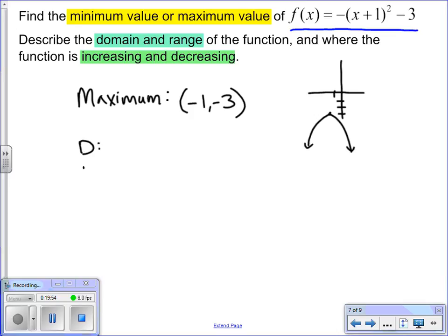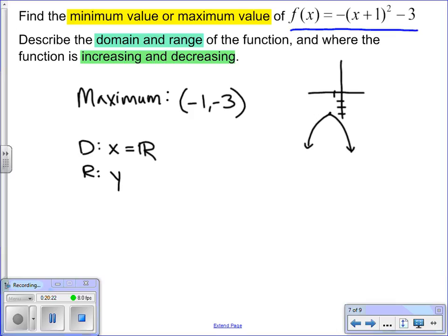Let's do domain and range, which here it's really good that we did domain and range in our homework. What's the domain for all quadratics? All real numbers. So I'm going to say x equals all real numbers. What about the range for this function? Can I go everywhere up and down? No, I'm limited, right?